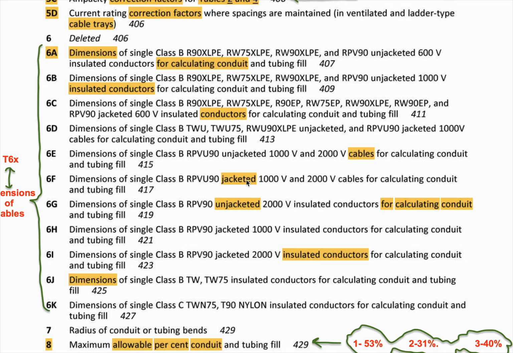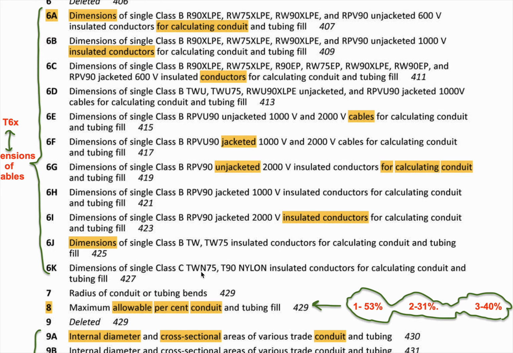If you read the titles of the tables, you can see that they are different, for example, jacketed or unjacketed, 1000 volt or 2000 volt, and also the names of the cables and their installation: TWU75, TWU, RW75, XLP, R90, and maybe TWN. So if you see the name of the type of conductor in the exam, you need to find it in table 6.